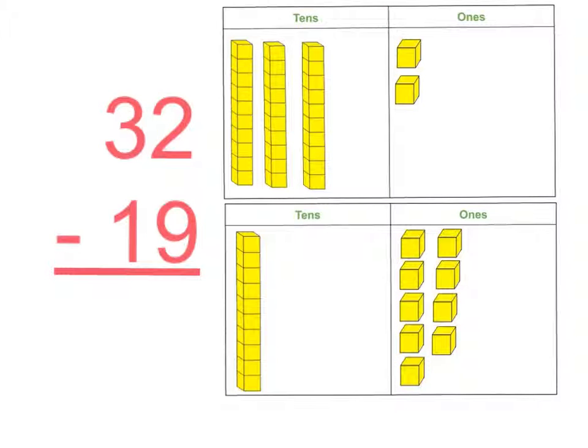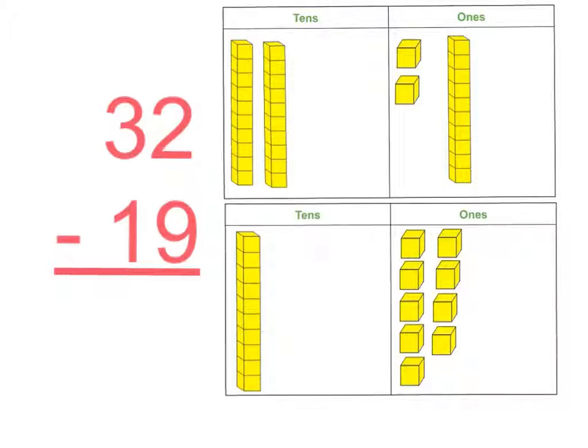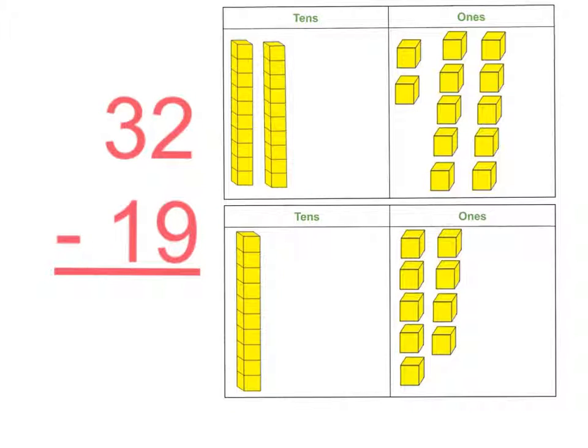Alright, I'm going to show you each method one more time, and then you can decide which method you like the best. So this time we're doing 32 minus 19. So remember, we can't take 9 away from 2, so we have to borrow from the tens. So now I will subtract my ones by matching up and crossing off.